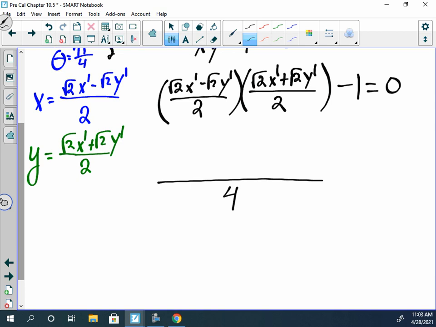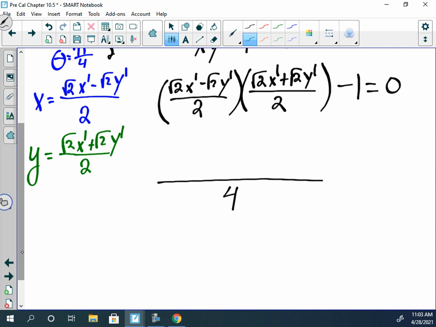Well, this is considered to be the difference of perfect squares because I have the same two things in either spot and the sign in the middle is opposite. So a minus b times a plus b is a squared minus b squared. And we can do this multiplication out.